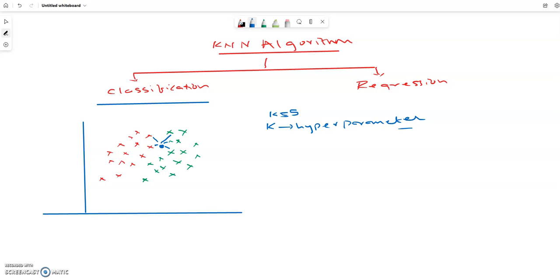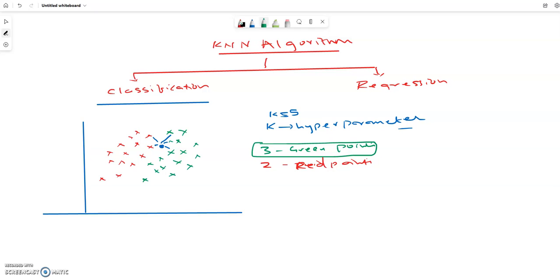Now by looking here visually, we can say that there are 3 green points and 2 red points. So the majority is green. So the new point will be falling under green category. This is called classification problem.